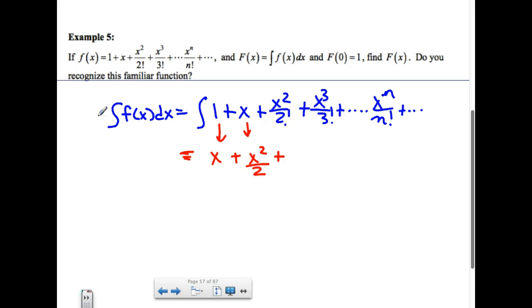Antiderivative of that: x cubed over 3, and then it's over 2 factorial already. Again, I'm just integrating term by term, adding 1 to the exponent and dividing by that, but then when I do that, I end up getting a 4 factorial, plus dot, dot, dot. The general term will get affected in the exact same fashion.